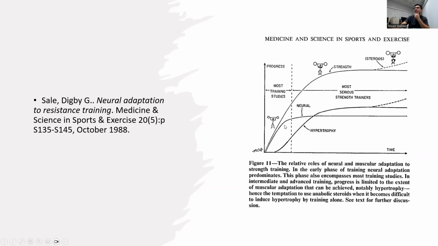So we see here, after a certain period of time, the neuronal adaptations will balance out. The neural adaptations will essentially not flatline, but not be nearly as high. For the most part, it'll flatline. But then strength increase relies predominantly on the hypertrophy gains, so the increase in muscular size. After a certain period of time, you're no longer effectively just learning to do the movement better.